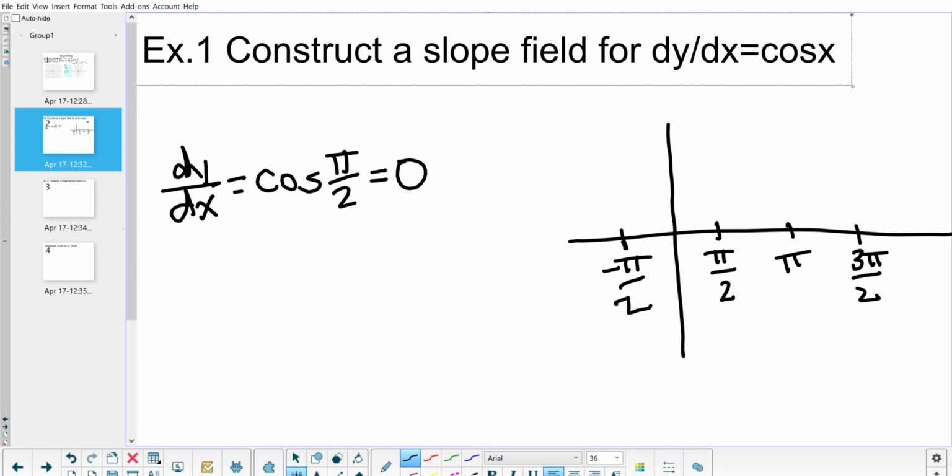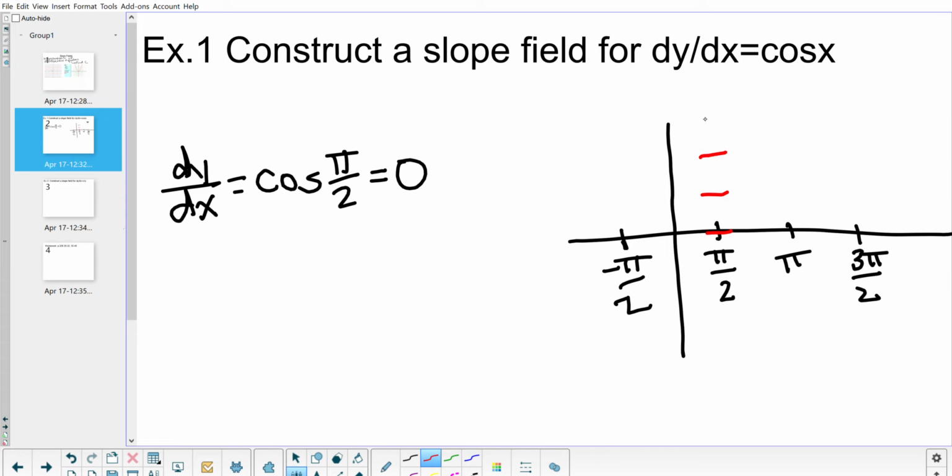Okay, so back to this one. When x is pi over 2, I have a 0 slope. So I'm going to put a 0 slope all along the x value pi over 2, just a couple. I'm doing these horizontal lines because that's what a 0 slope is, right? So horizontal lines at pi over 2. Okay, let's do another one.